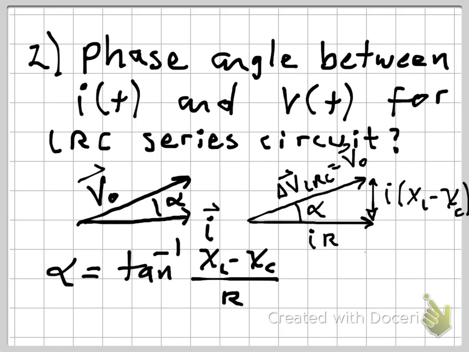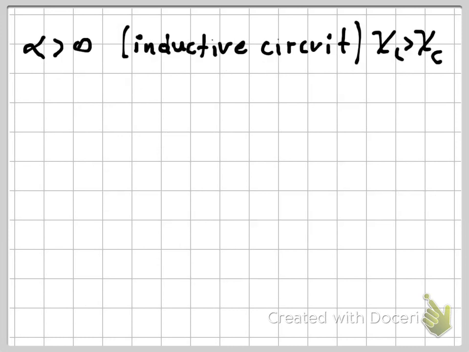So that's how we can calculate the angle alpha between the applied voltage and the current that flows in the circuit. That angle can be positive if the inductive reactance is bigger than the capacitive reactance in the circuit.